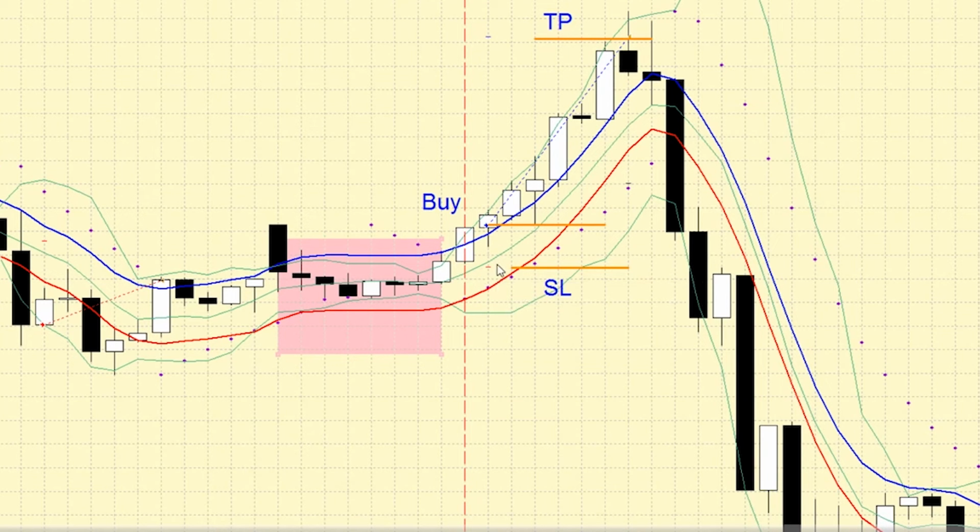The best option is below the red line. In this case the red line is far away, so a stop loss of 20 points was set. As we see, the price went in our direction and the take profit deal was closed.